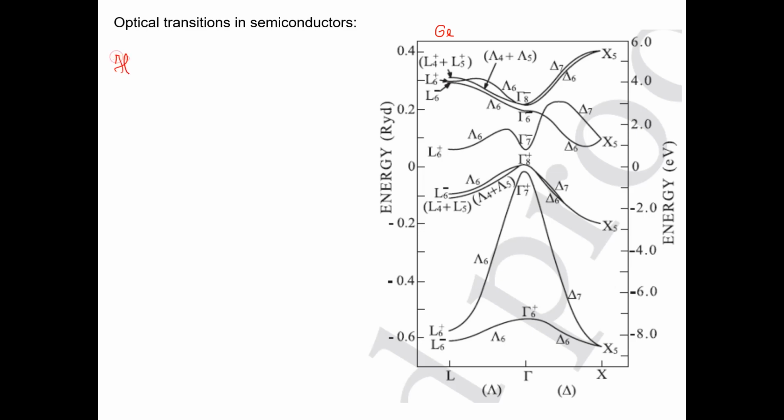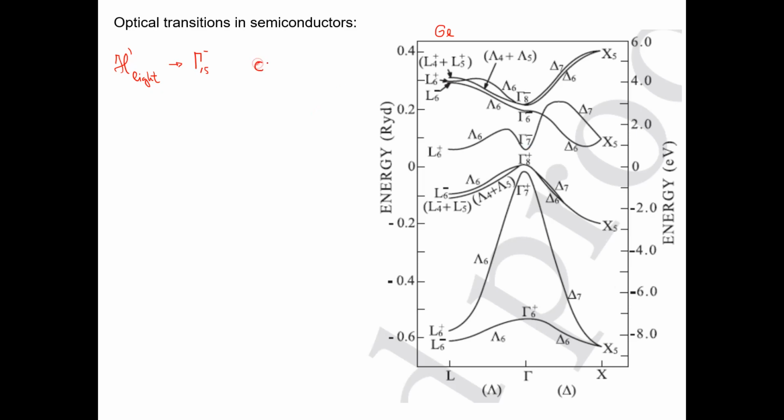We have to consider the H prime of light, the perturbation from the electromagnetic field, and as we have seen, this transforms like a vector, right? In this particular group, the group of the wave vector at the gamma point, this transforms like the gamma 1,5 minus representation. So to see the possible transitions, we have to make a direct product. Let's see what levels can couple with the bottom of the conduction band, gamma 7 minus, right?